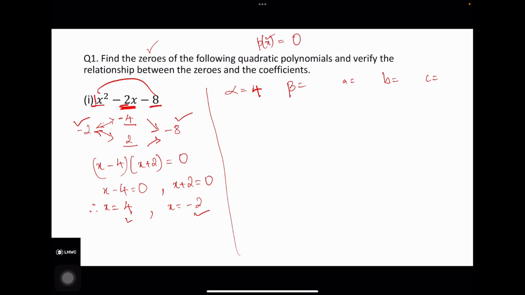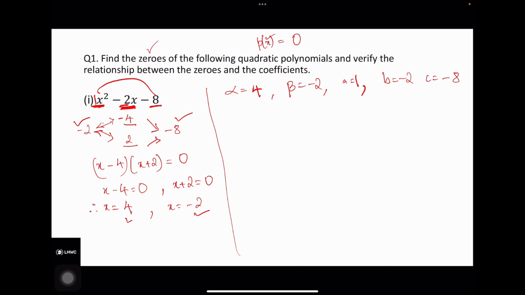Our alpha is 4, our beta is -2. Whereas a is the coefficient of x squared, so we go back to the question. Before x squared, it is 1. So a is 1, whereas b is the coefficient of x, which is -2, and c is the constant term, which is -8.